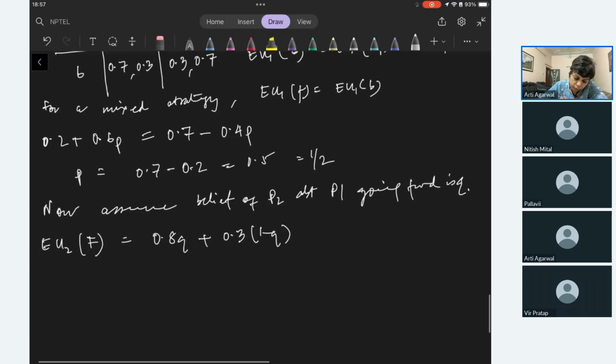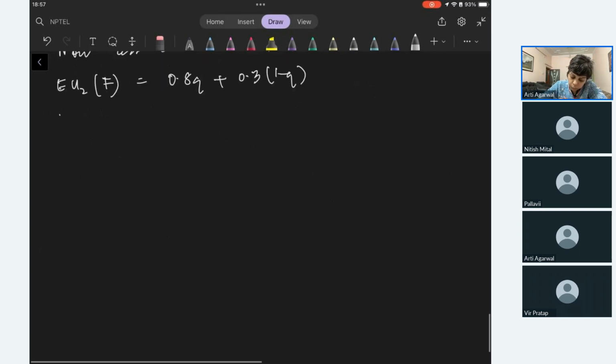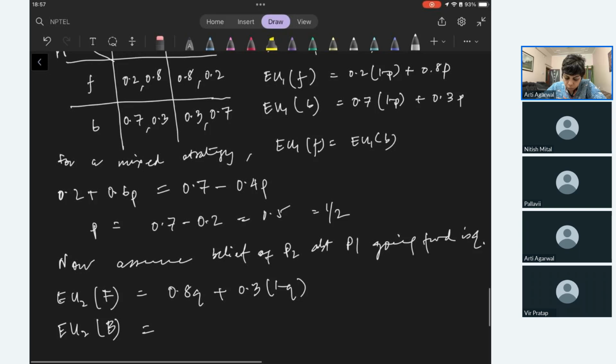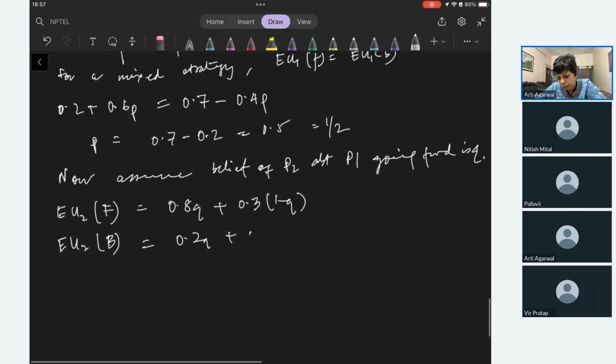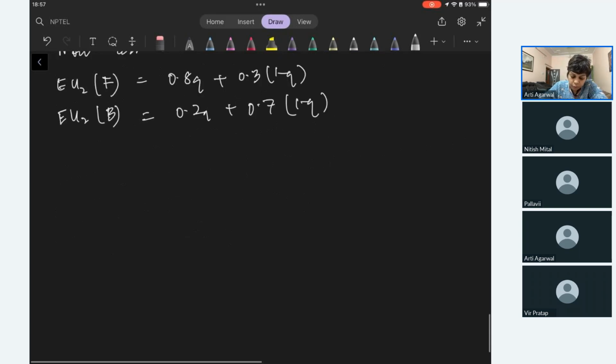And say the expected payoff from strategy B is 0.2 into Q plus 0.7 into 1 minus Q. For mixed strategy, we do EU2 of F is equal to EU2 of B.